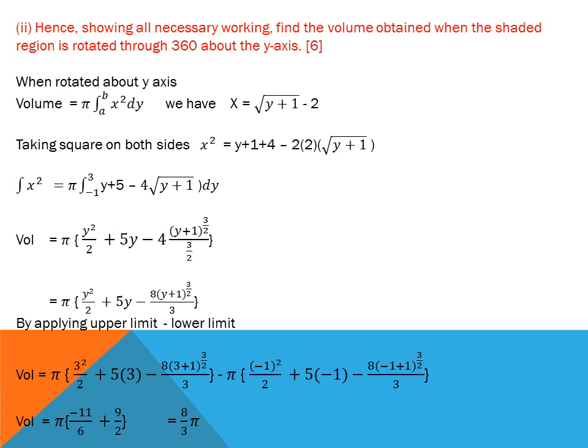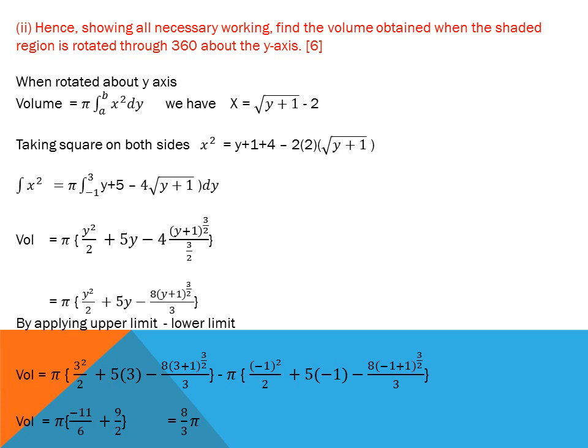I have already found that x is equal to the square root of y plus 1, minus 2. Taking squares on both sides, x square is equal to y plus 1, plus 4, minus 2 into 2 root y plus 1. So x square is equal to y plus 5 minus 4 root y plus 1. Taking integration of both sides in order to find the volume, I applied the formula. When I integrate y, it becomes y square over 2.